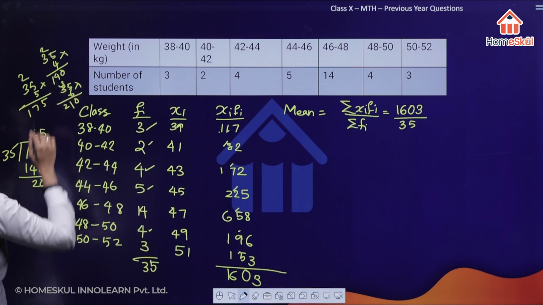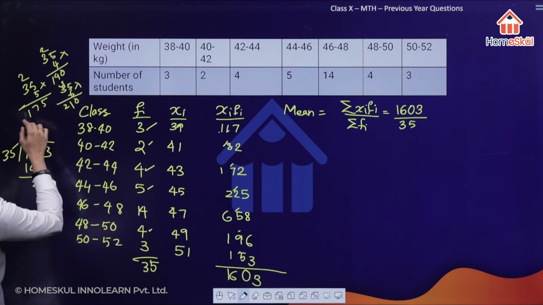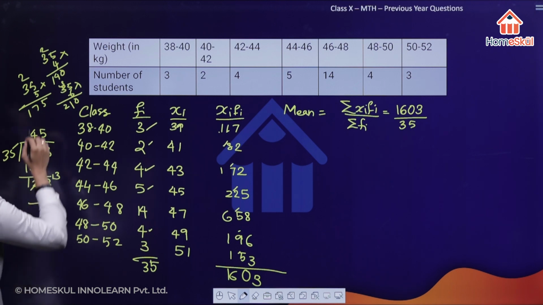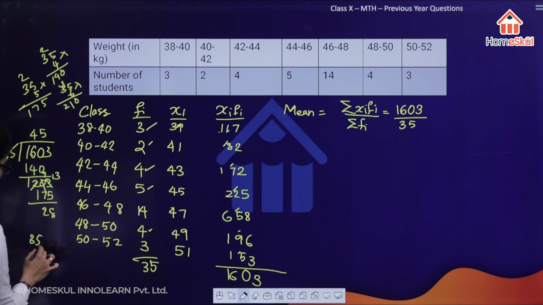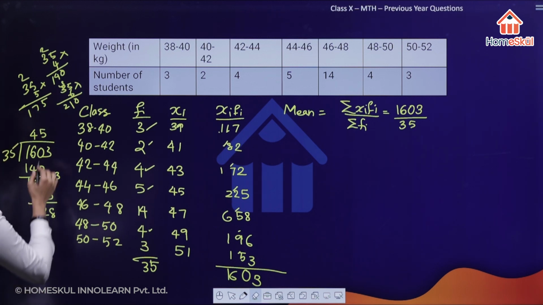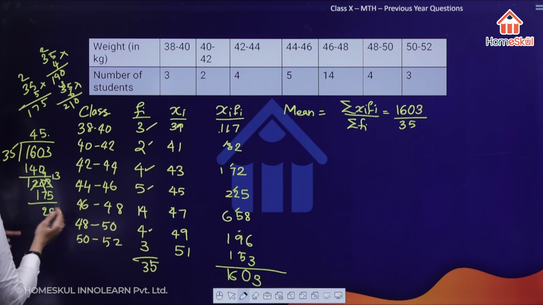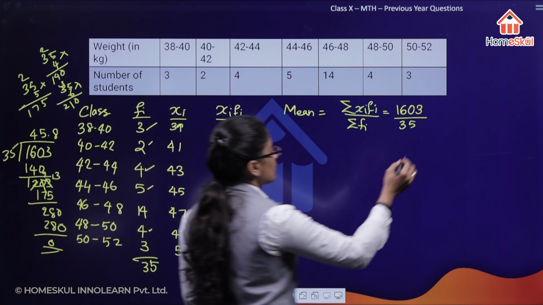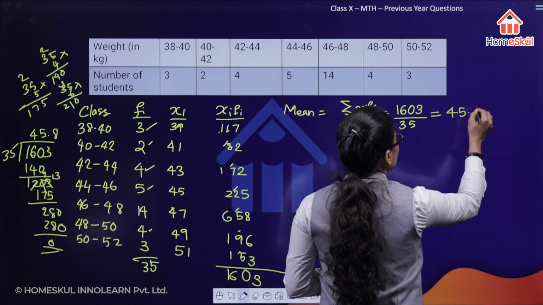So we'll go with 4, then subtract. 35 into 5, 5 times 175, we get 8, then 2, 8. What about 35 into 8? It's 280, so putting a decimal it becomes 280 and 8 times it is 280. That means we are getting mean is equal to 45.8. Okay, mean is equal to 45.8.